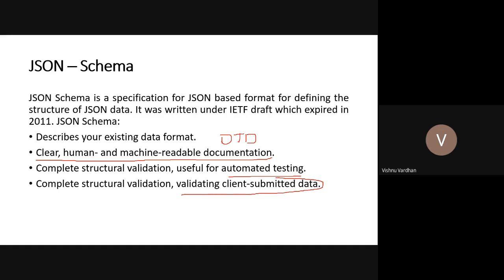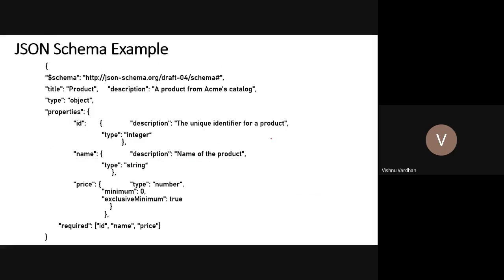How can we validate that data? Because only when some rules are there can we validate. So validation comes from the schemas, and a schema is nothing but some rules. So you can simply understand it in that way. Okay, so let us see how it looks.